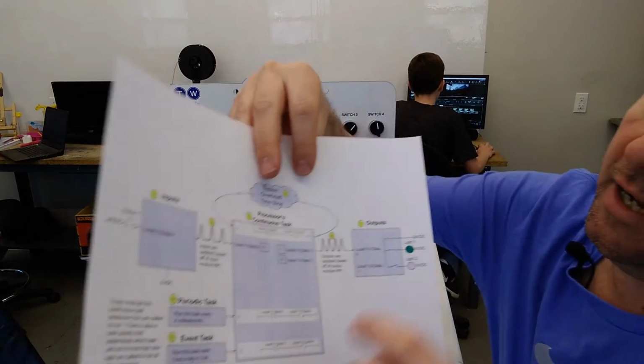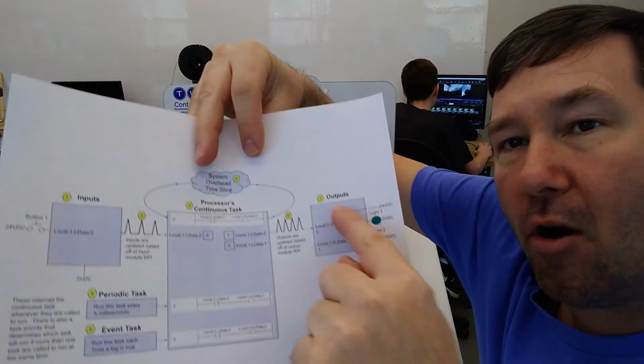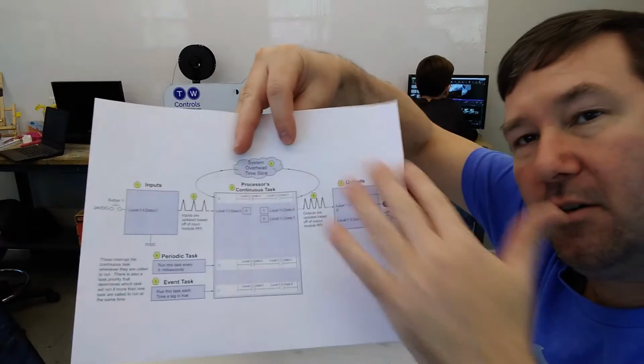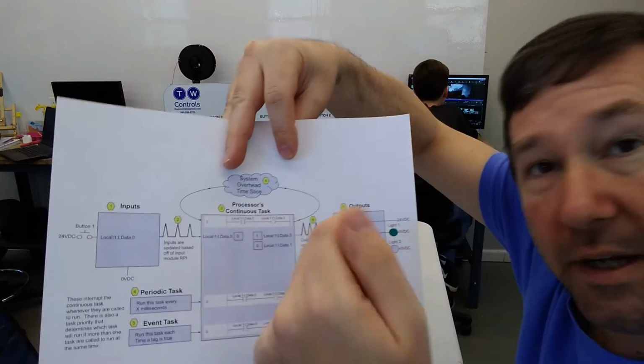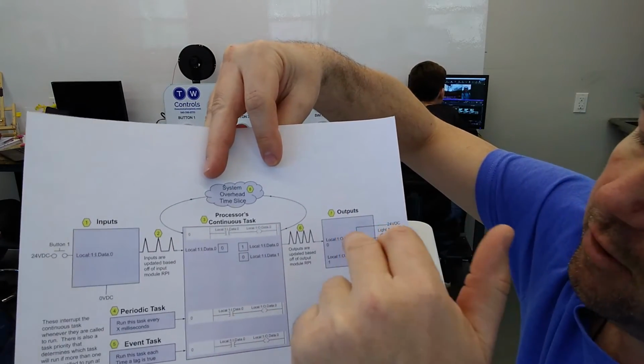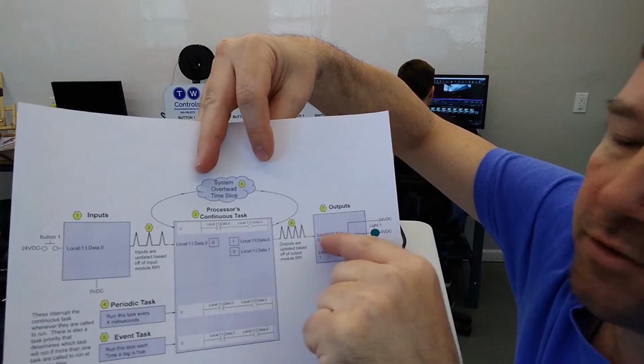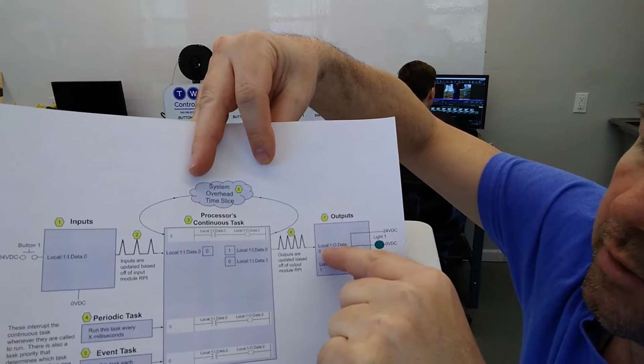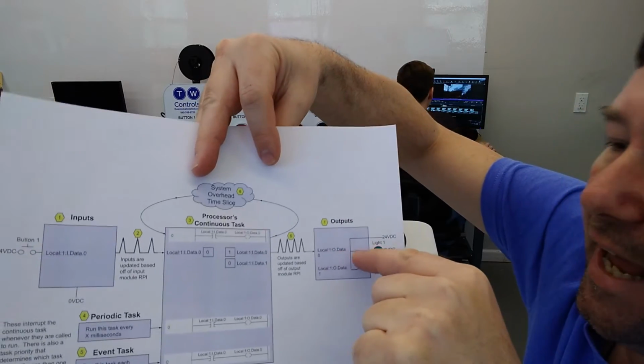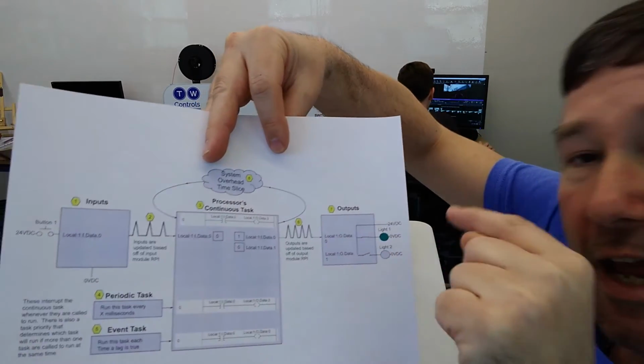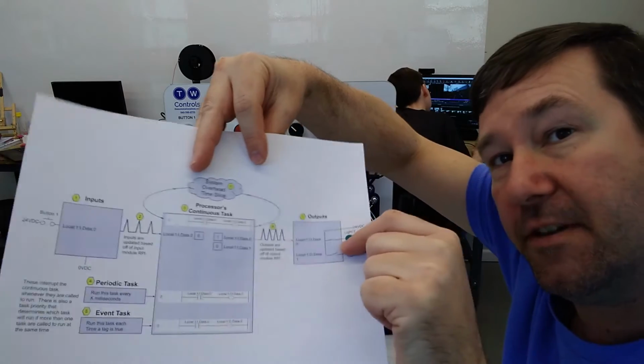And that is because of this output part of our scan cycle. Now we're going to go through this whole diagram in a later video, but in a set interval, the CompactLogix is going to take whatever is written into that local :1.0.data value there and put it to the physical output.